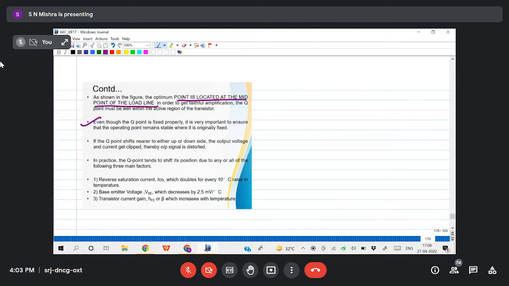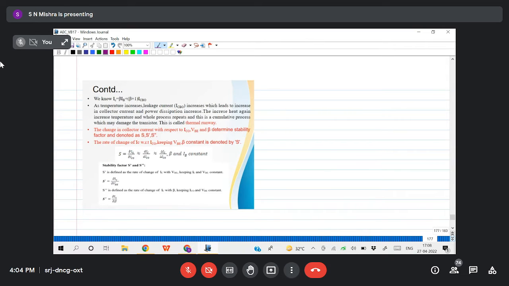Even though the Q point is fixed, it is very important to ensure the operating point remains stable once we start the operation. Okay. So if the Q point shifts, then the output will be distorted. So in practical cases, 3 parameters are affecting the Q point once I start the operation.